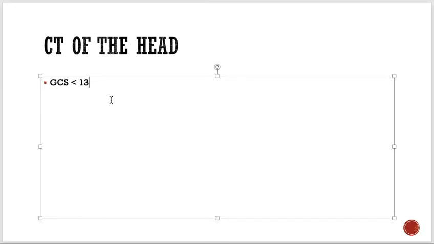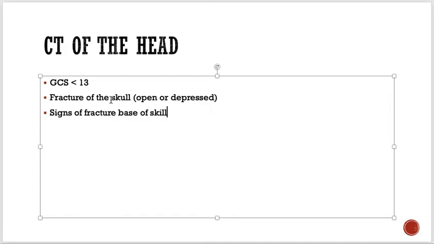Anyone who has a fracture of the skull, which can be open or depressed. Especially anyone who has signs of fracture of the base of skull, like CSF rhinorrhea, otorrhea, anything like this, right?